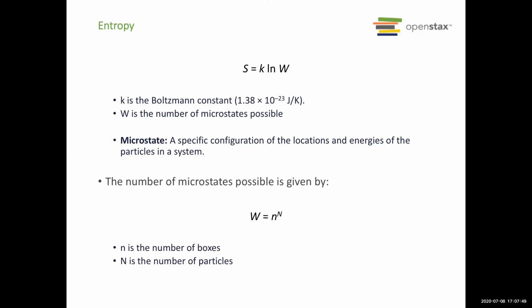When the number of microstates increases, entropy increases. And as previously stated, an increase in entropy favors spontaneity. The opposite is also true. A decrease in entropy favors non-spontaneity, aka stability.